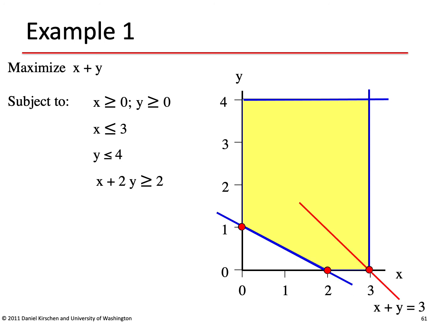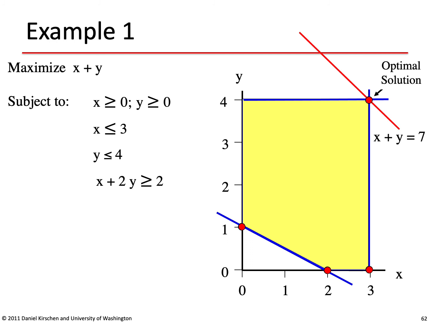But I can keep moving the red line and stop at the point x equals 3, y equals 0, where x plus y equals 3. And finally, I can move to the point x equals 3, y equals 4, where x plus y equals 7. That is our optimal solution because any other of the vertices of this feasible set leads to a smaller value of the objective function.